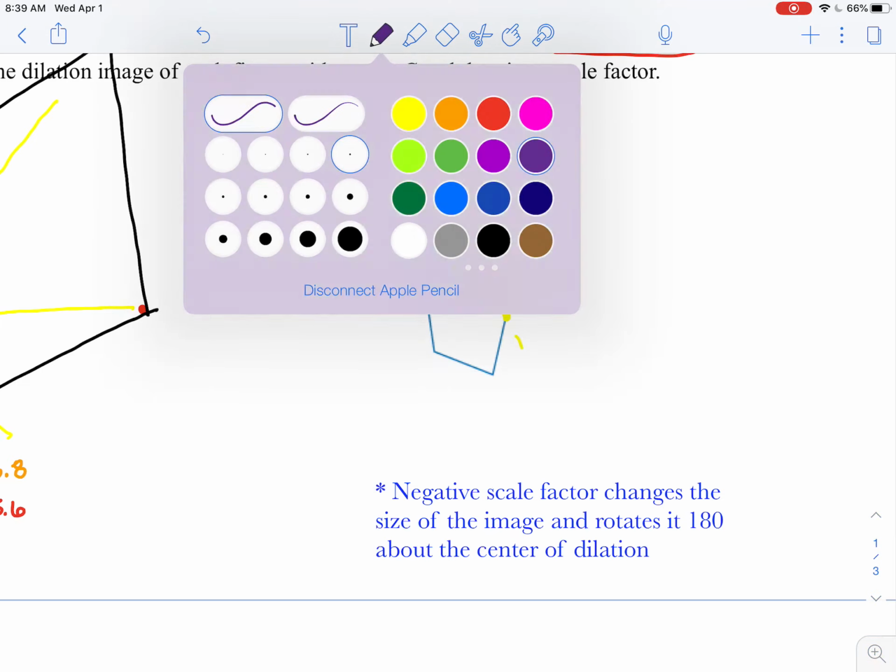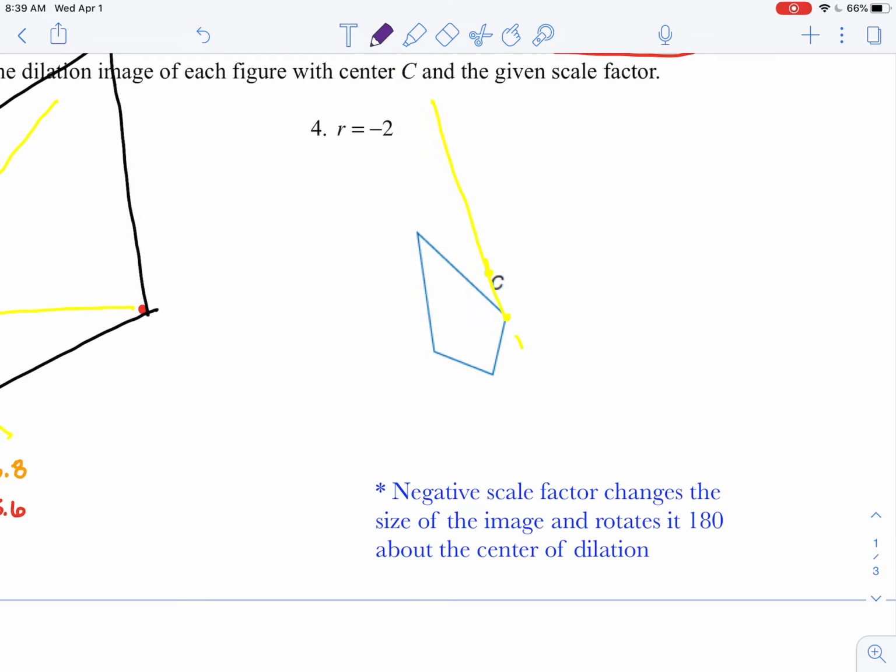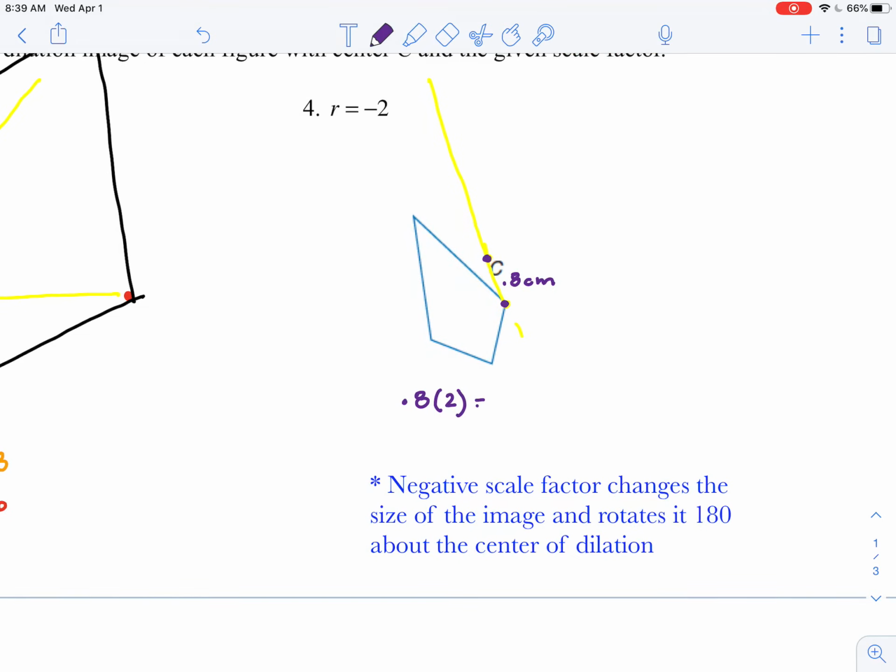Then I'm still going to do my measurements like we did in the last question. So if I were to measure from point C, the center, to this first vertex that I connected, for this one I got 0.8 centimeters. Just like the last question, I take that measurement, 0.8, and I multiply it by the absolute value of my scale factor.